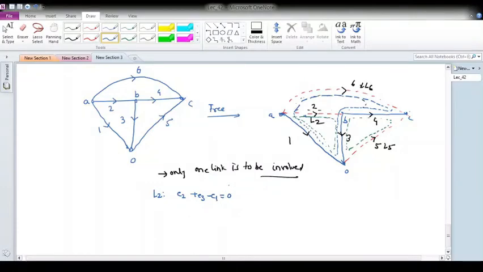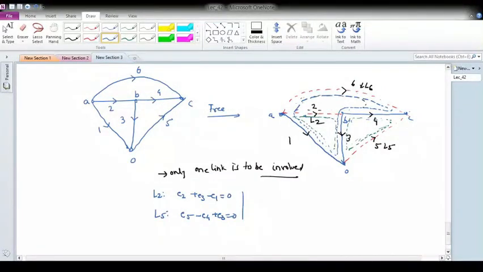Now the second loop can be formed using BCO that we have seen. Start from link 5, so L5 to write the equation. It starts from here, so it will be E5, then it is plus minus, then it is coming minus plus, so it will be minus E4, and then plus minus is coming, so plus E3. This is L5.